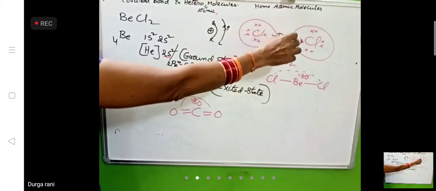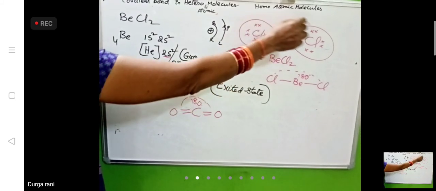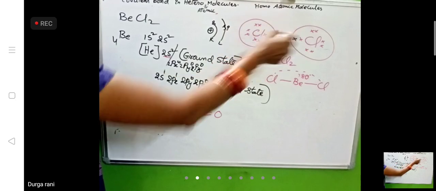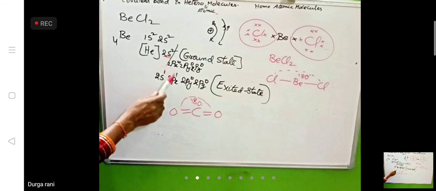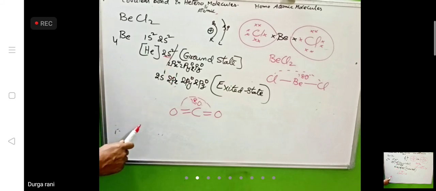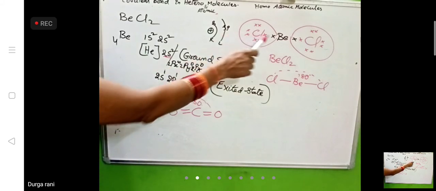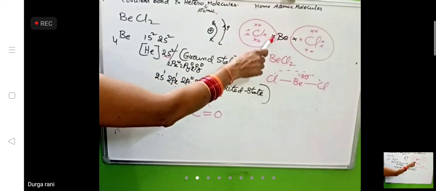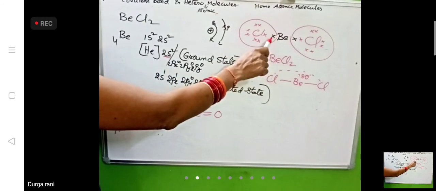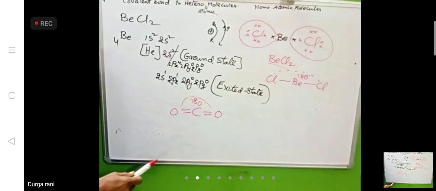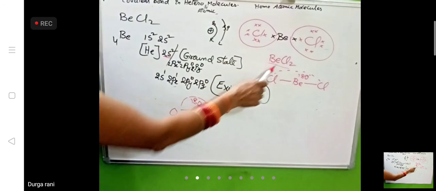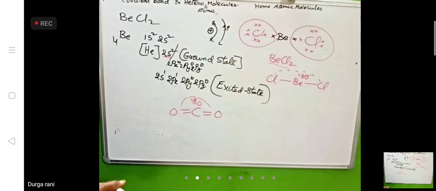But when two chlorines come close, it can give total stability. When one electron from 2s jumps to the 2px1 state, two lone electrons are formed. Each lone electron can again form a bond with a chlorine atom. So BeCl2 molecule will be formed. BeCl2 means beryllium chloride.